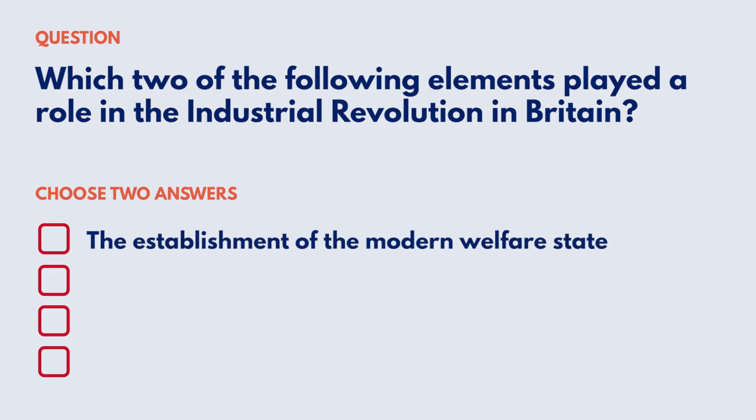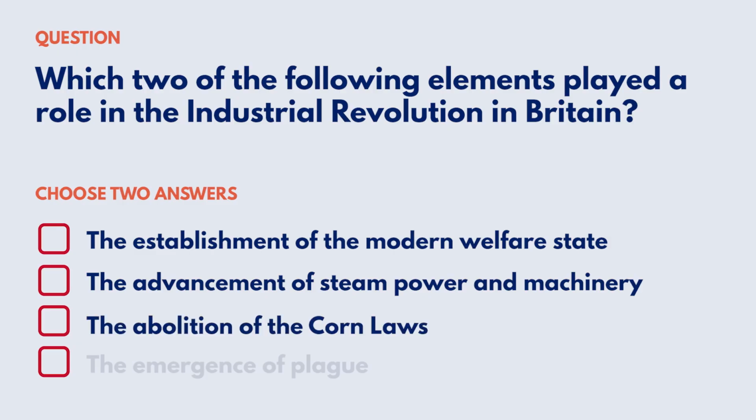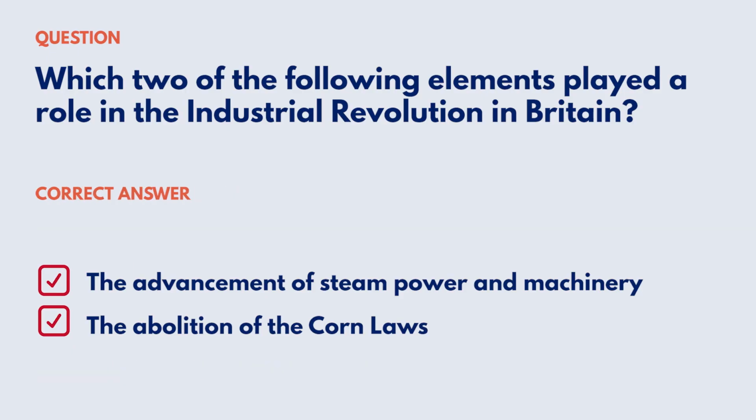The establishment of the modern welfare state. The advancement of steam power and machinery. The abolition of the Corn Laws. The emergence of plague. Correct answer. The advancement of steam power and machinery, and the abolition of the Corn Laws.